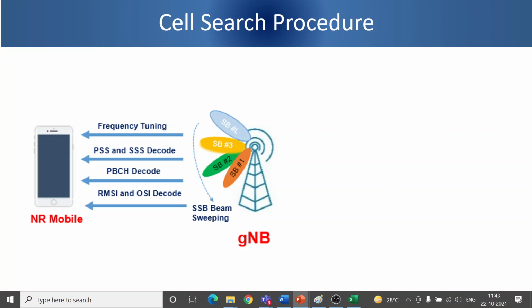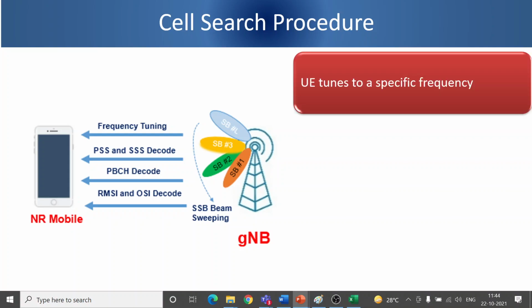So the first thing it does is the frequency tuning. And what is that frequency tuning? Searching onto the synchronization raster one by one. Depending upon which band the user equipment is supporting, it will search those synchronization raster frequencies which your user equipment is already programmed for or aware of, right?